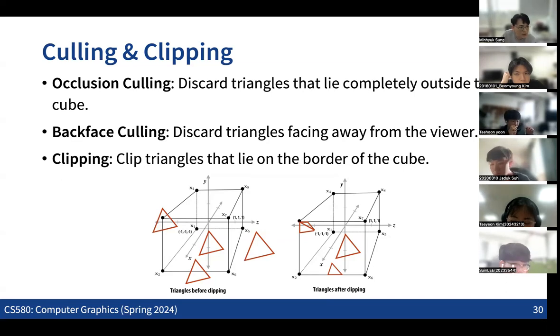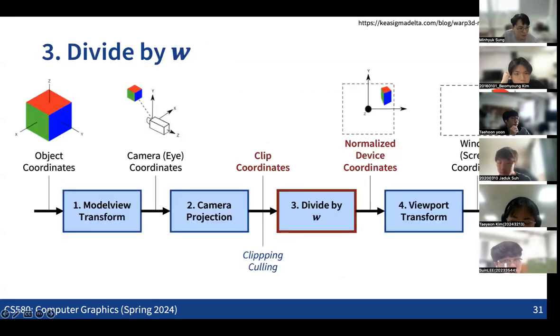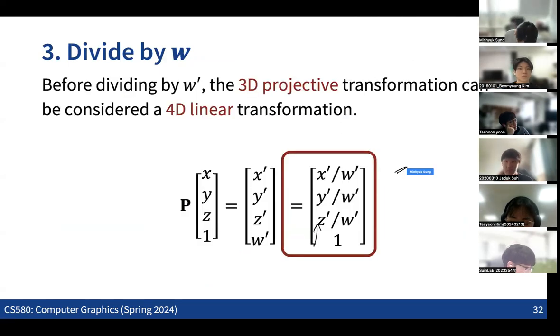Okay, so this is the camera projection step. And what we say about the divide by W, we are going to get into that later. We are not directly getting the normalized device coordinates. As I said, the projection is the case where we multiply by a 4x4 matrix, right? Simply multiplying by the 4x4 matrix can be considered a full linear transformation.